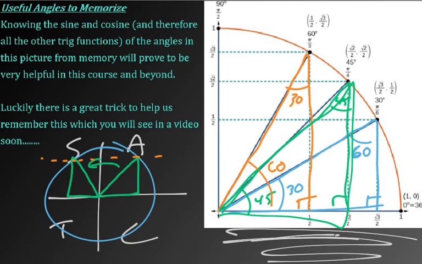So I will talk about it in class, but it's an insanely useful trick that to this day I still use. I learned it when I was in high school and literally never forget it, and I use it almost every single day. There is going to be another video that shows you how you can find the sine, cosine, tangent of any of these, and then it's really useful because you can just mirror it to other quadrants. So very, very handy little trick.